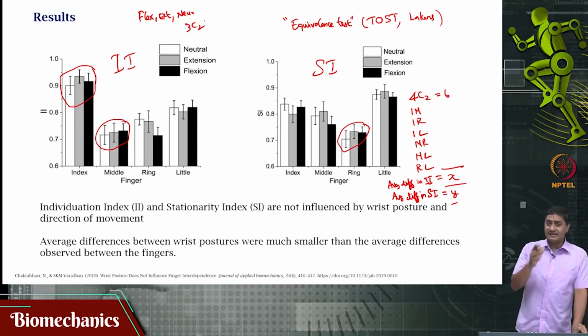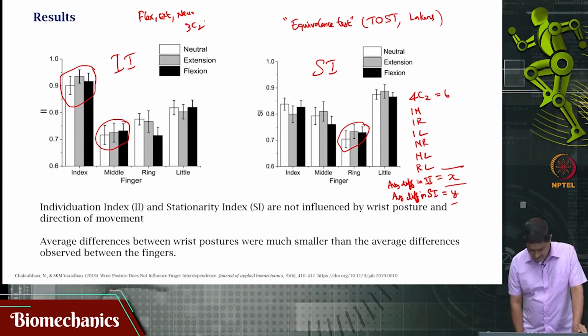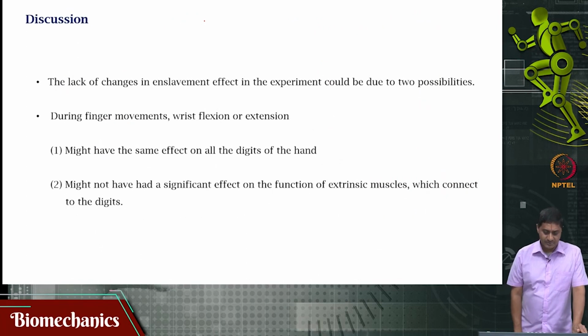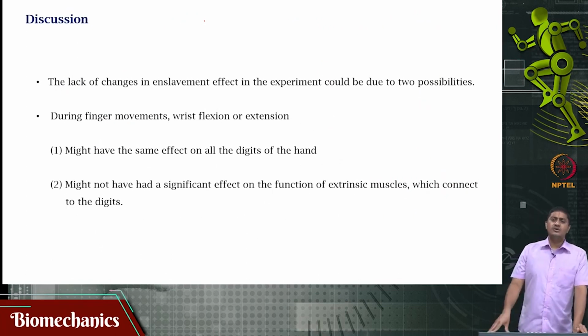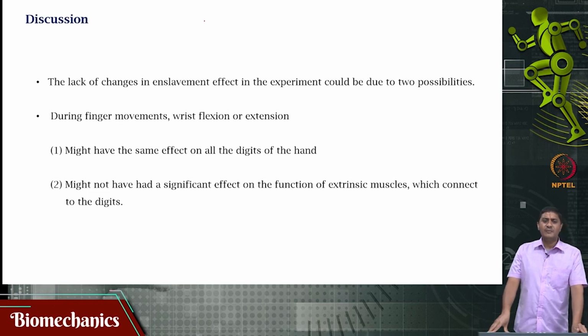So there are many little historical details that I remember as I am discussing this paper. So what we found was that there was no big change in enslavement index because of the wrist posture.